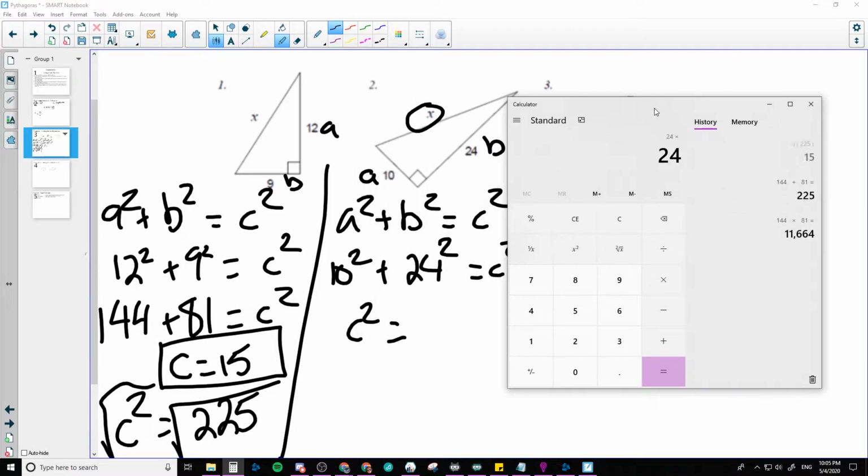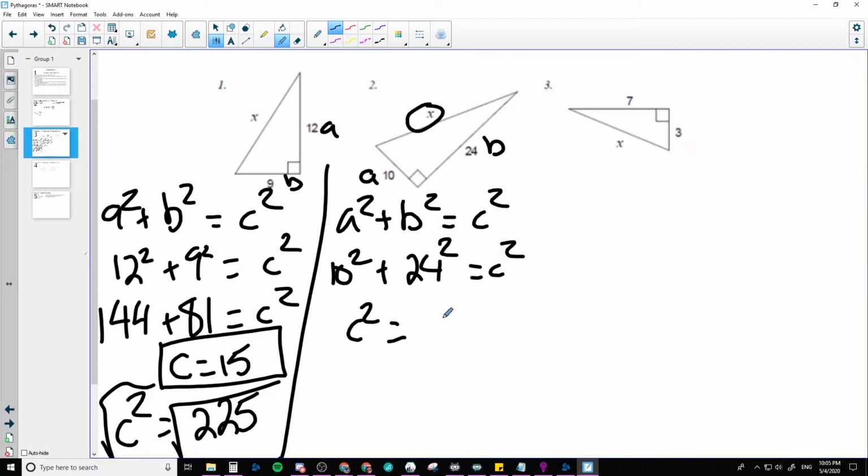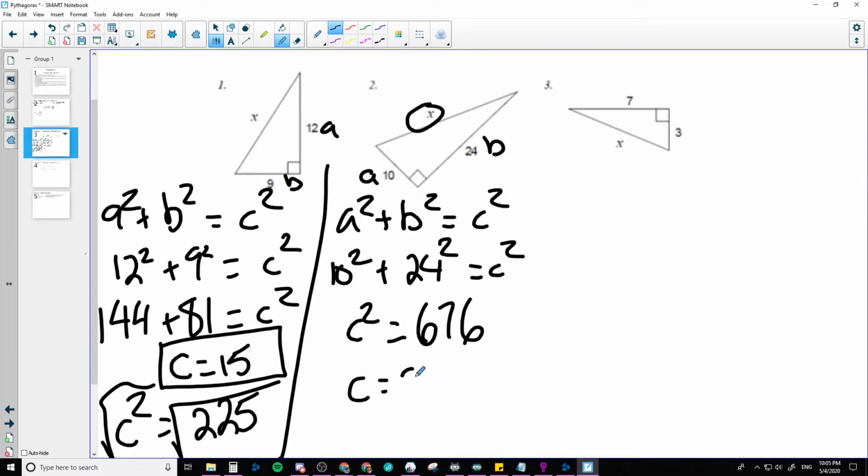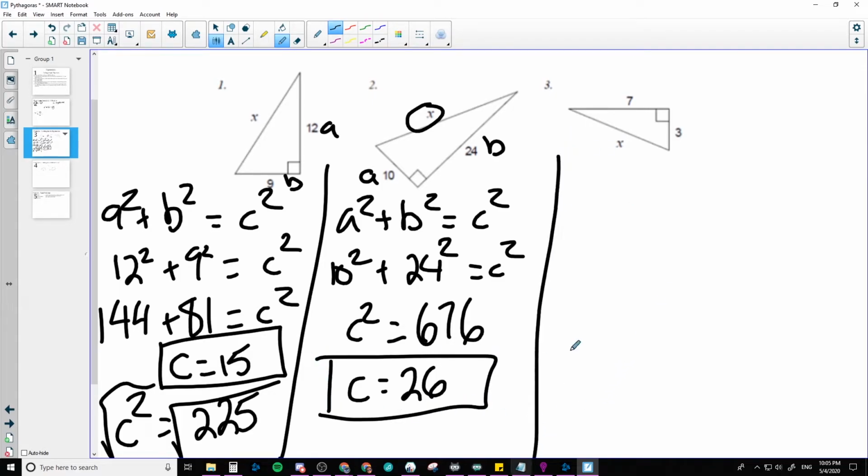So 24 squared is 576. 10 squared is 100, so we'll add 100 to it. And then we're going to square root it. So 676 goes here. Now when we square root it, what we get is 26. So C equals 26.